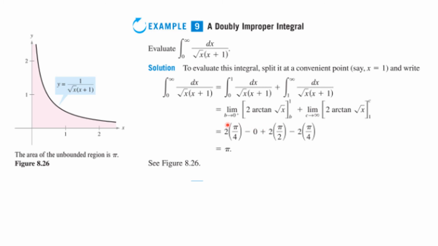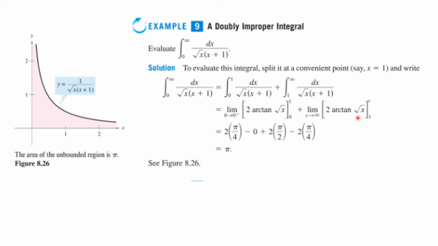So here you have the limit as b tends to 0 from the right of 2 arctan the square root of x, evaluated at b and 1. And this is the limit as c tends to infinity of 1 and c, and this is 2 arctan square root of x.